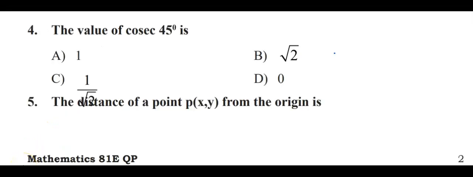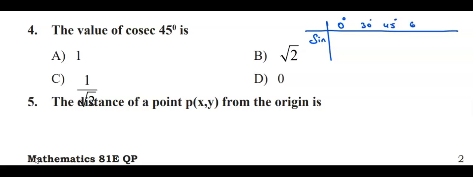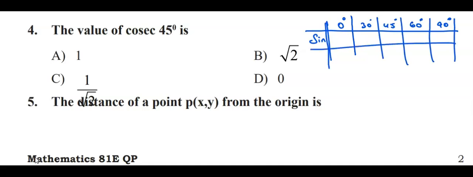Next question, the value of cosecant 45 degree is. To solve this question, you should remember the trigonometric standard angles table. As we know, the trigonometric standard angles are 0 degree, 30 degree, 45 degree, 60 degree, 90 degree. Now I'll just show you the short method.